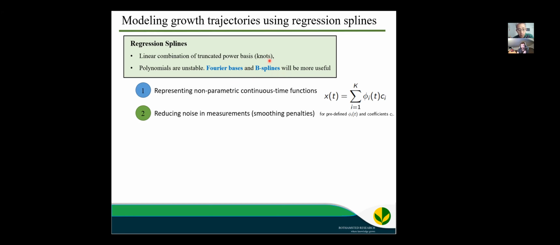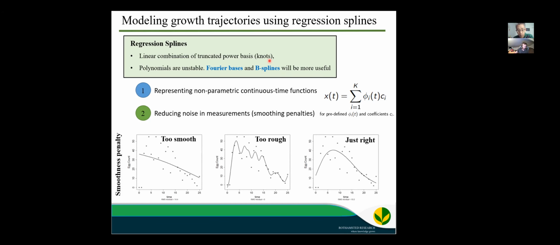One is to fit the curve, fit the data. And the second is the smoothing penalty. I'll not go through all the details, but as you can see, we have 3 scenarios. We have too smooth, when we have these time points and fit this growth curve. If it's too smooth, or too rough, you have rough smoothing patterns going on here.